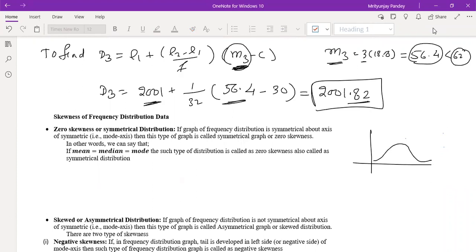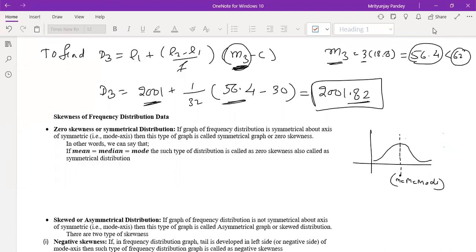You can see that this data is symmetric about the midpoint. Such data is called zero skew data or symmetrical distribution, because it is symmetric about this midpoint, and this midpoint is nothing but the mean, median, or mode. All values are equal here.